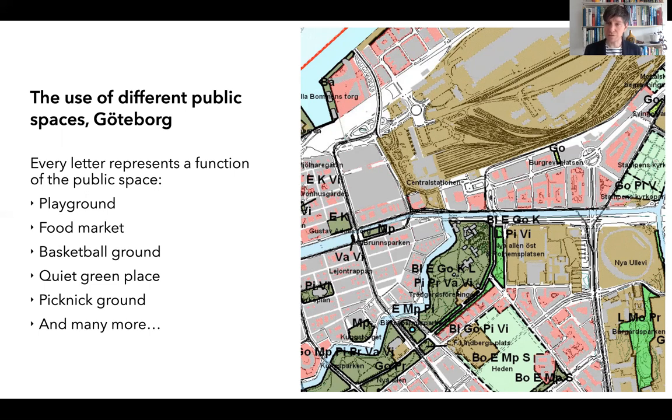The picnic grounds, so the parks that are suitable for picnic, they have one letter. So this also helps you understand that if you want to create a new public space, you can look at the functions that exist in the area, what is missing, and think that maybe now that we are creating a new park, we have to combine a new function so the people living in this area can have many different uses in their public spaces.